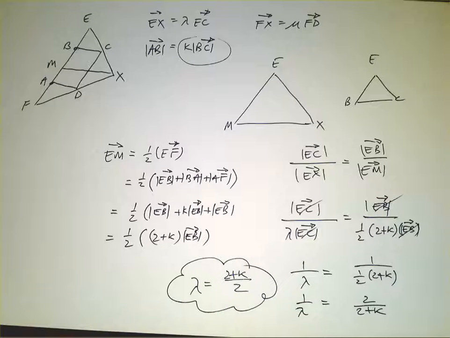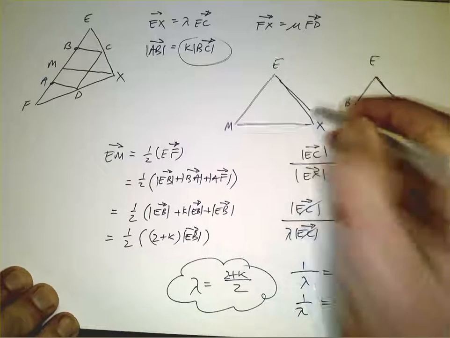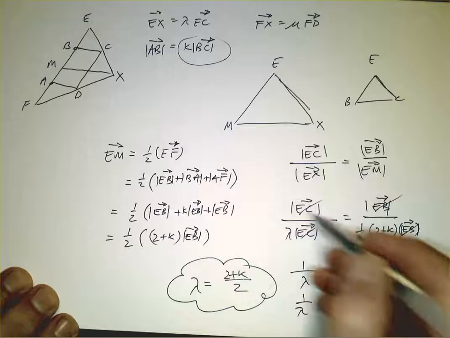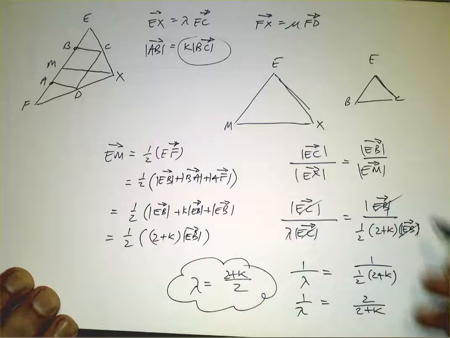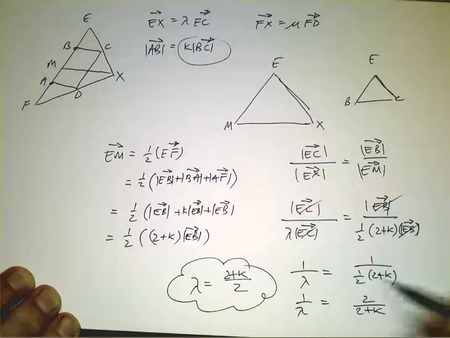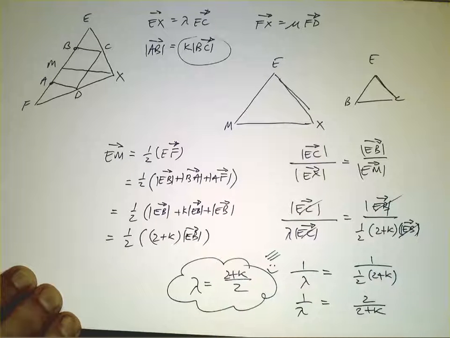So there's lambda in terms of K. Using similar triangles with my known information, I put one length over another length and I put my denominators in terms of the distance E to C, and the E to C is cancelled, and my other one in terms of E to B, and my E to B is cancelled, and then I rearrange this to give me this expression for lambda.